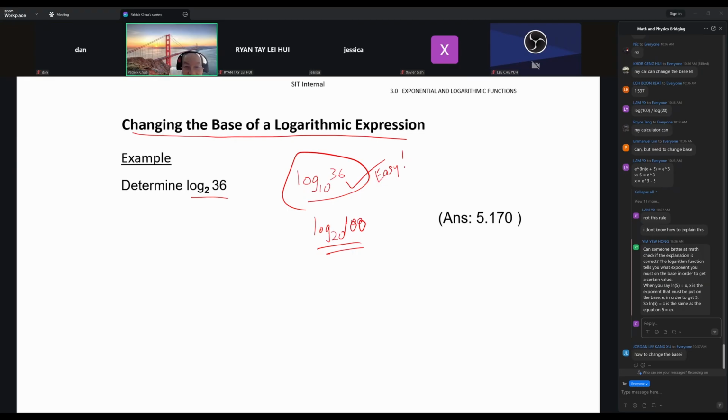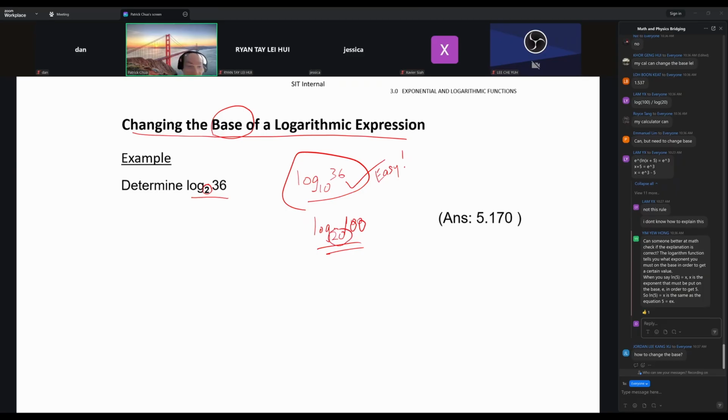Because now you cannot use the calculator directly. You got to convert, right? So that's why it's called change of the base. So base is what? Your 2 is the base, your 20 is the base. Remember what we just learned? Right, give it a formula. Formula: log to any base a of x.